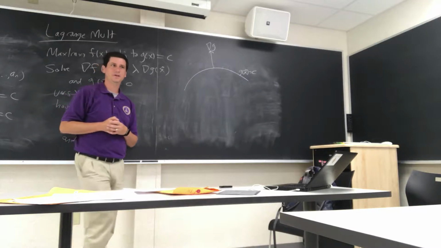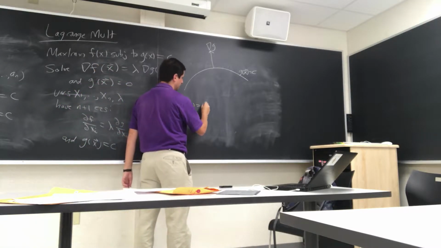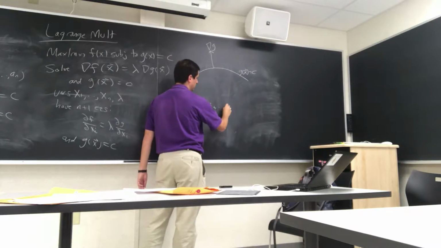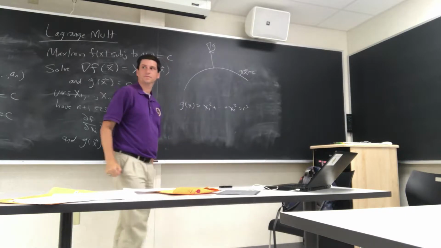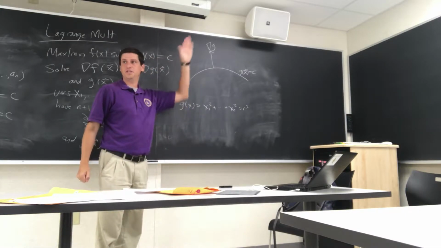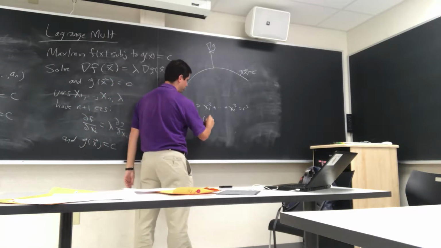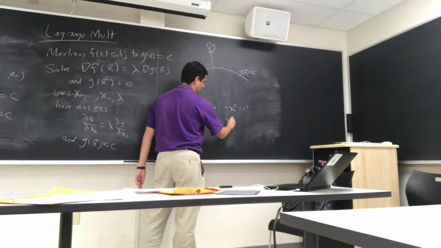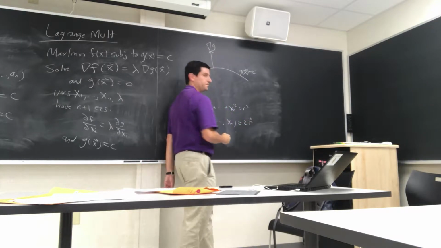Willing to accept that? If you think of a sphere as g of x equals x1 squared plus through xn squared is r squared, the normal to the sphere at any point is in the same direction as the radius. And here you'll get the gradient of g is just 2x1 through 2xn, which is twice the radius vector.